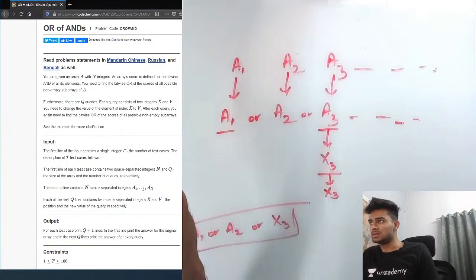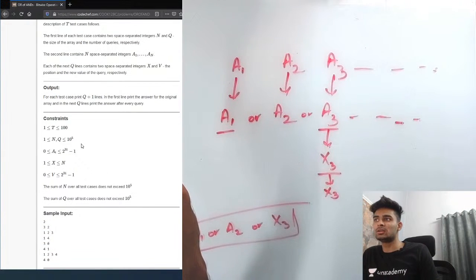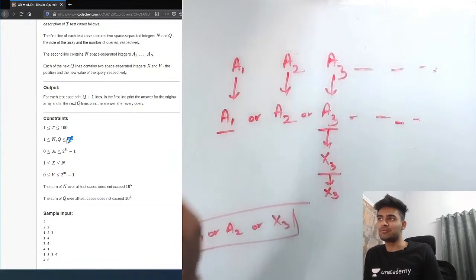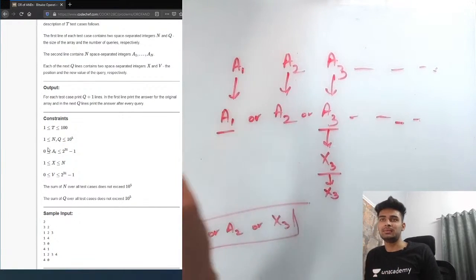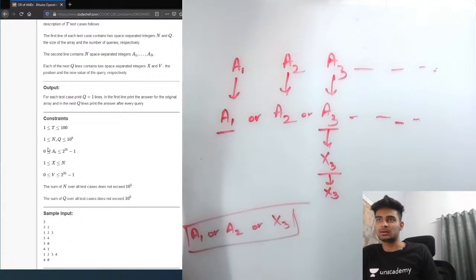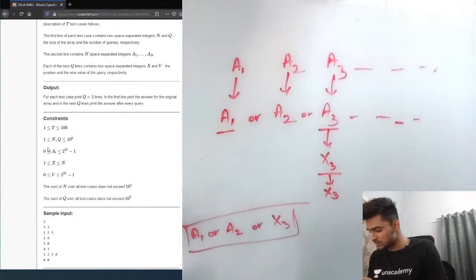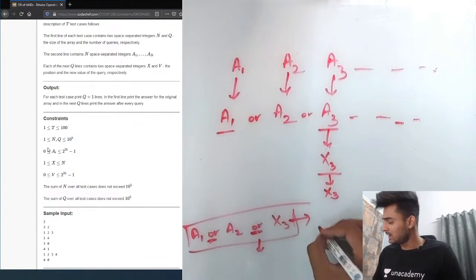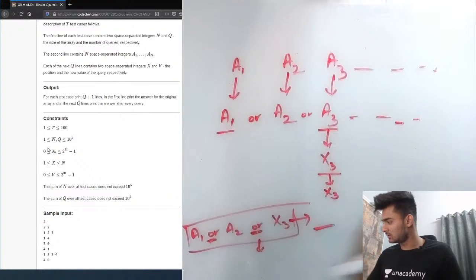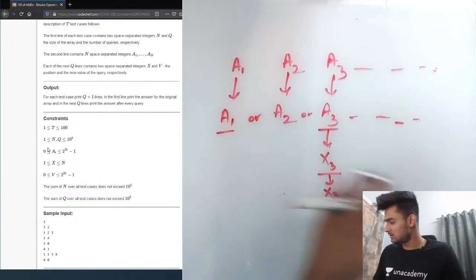But as you can see, we have 10 to the power 5 queries. So for every query, if we run a loop of n, the time complexity is going to become n times q, and therefore we'll get a time limit exceeded. So what we need to do here is something like this. Since we're finding OR only, let's take an example.